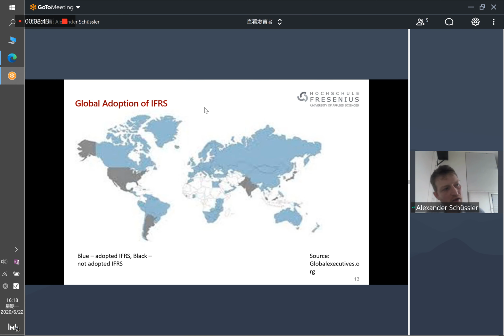So this is a map of the world, and this map is about the adoption of IFRS. All the blue countries have adopted IFRS. The black countries have not adopted IFRS. Mostly they have their own standards.